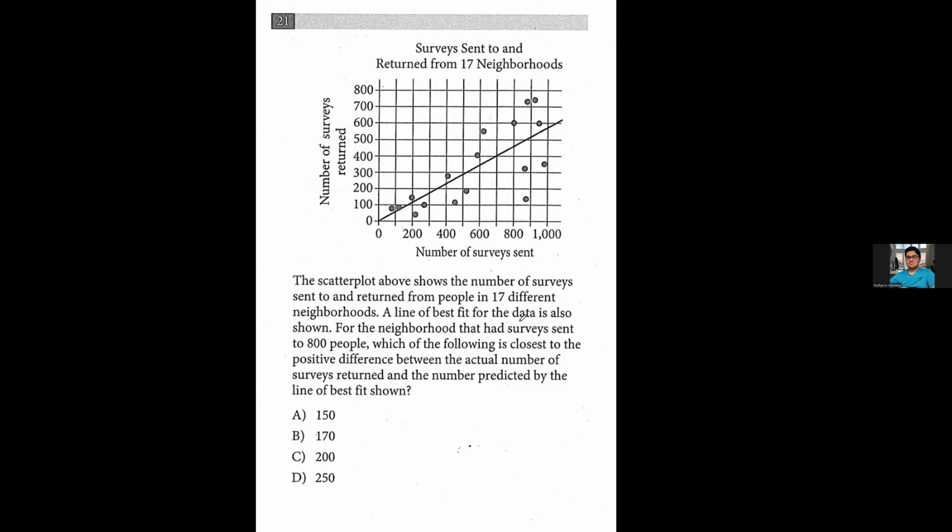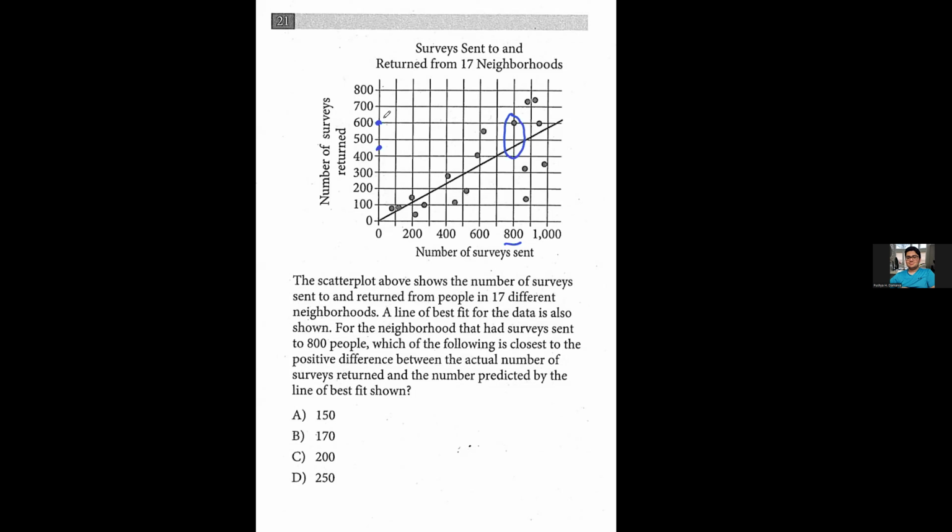And for a neighborhood that had surveys sent to 800 people, so 800, that's this. Which of the following is closest to the positive difference between the actual number and the number predicted? So basically, 600 is the actual, and the number predicted is about here at like 450.